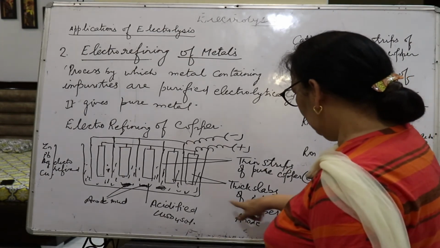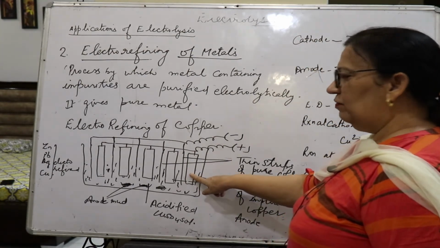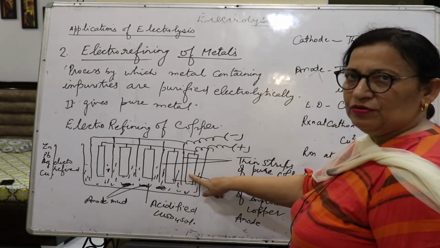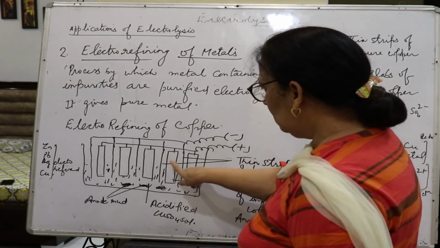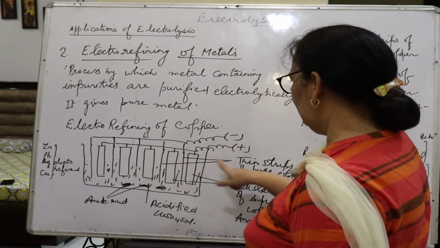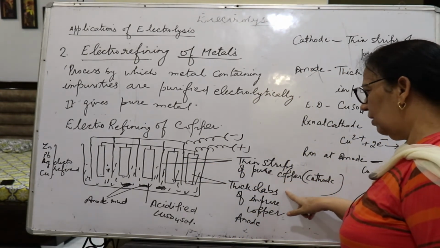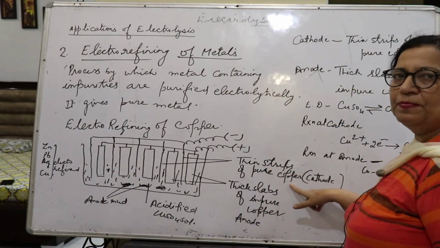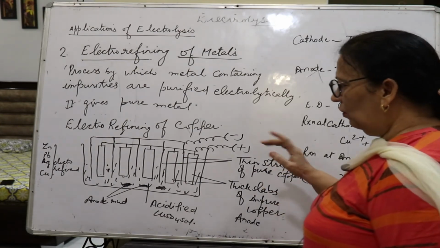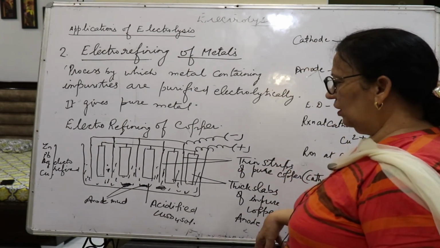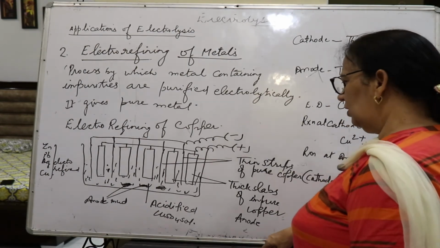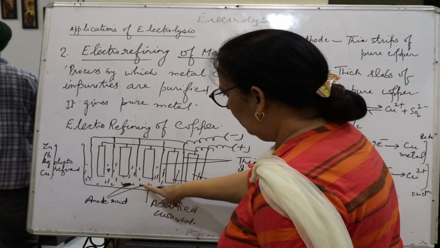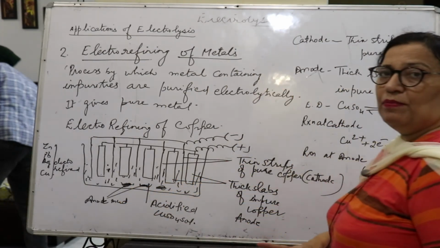The impure copper slabs at the anode become thinner and thinner and finish, and the thin strips of pure copper become thicker, because the pure copper gets deposited on them. And whatever impurities are there with the metal, such as gold, silver, nickel, get deposited at the bottom, known as anode mud.